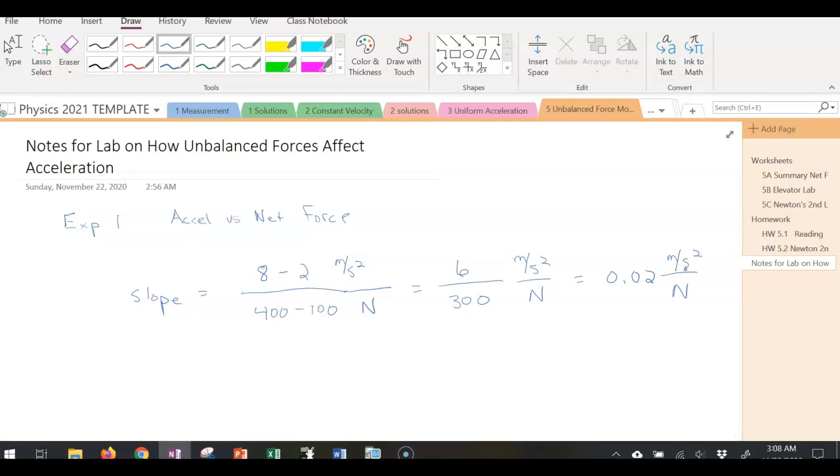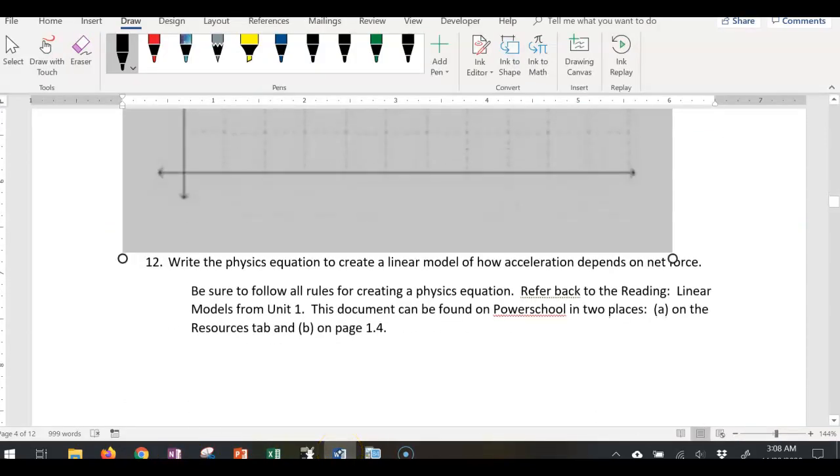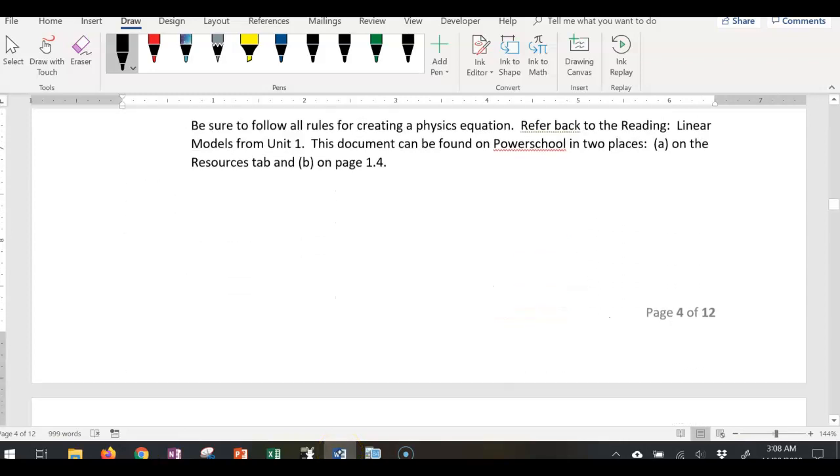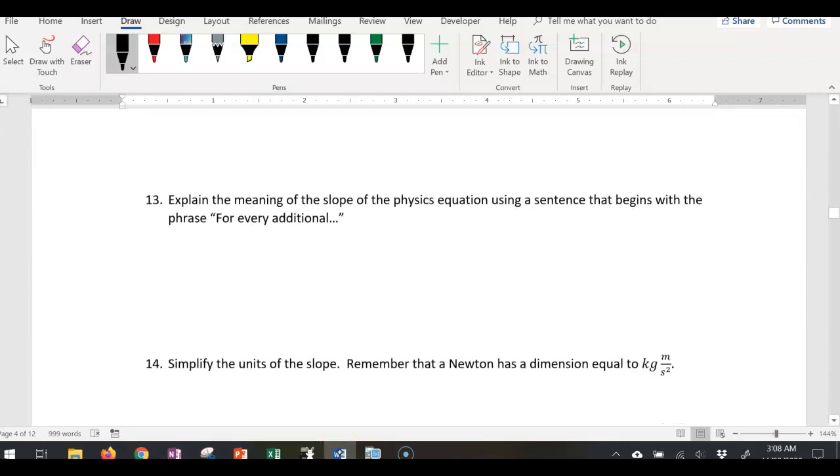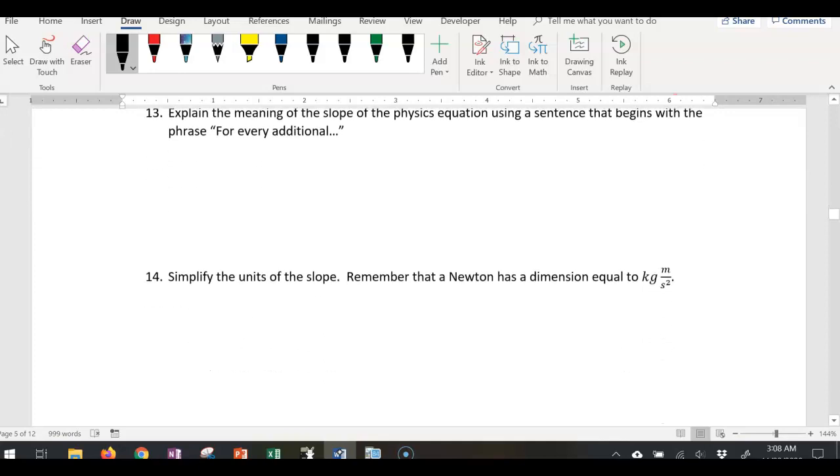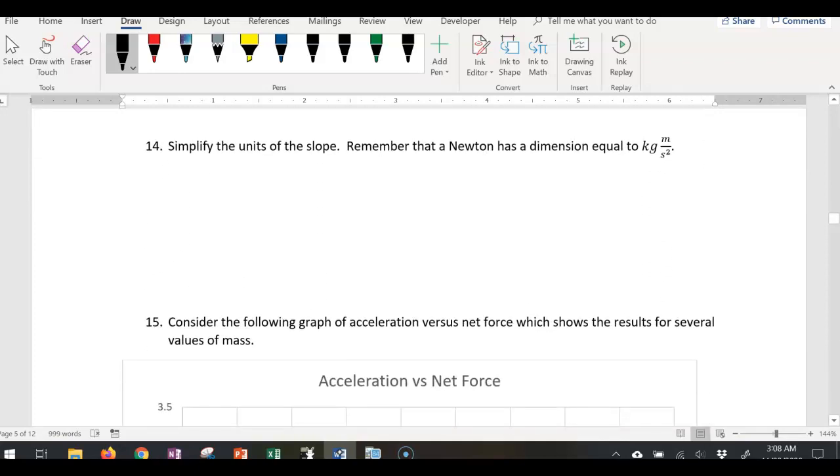Okay, now I'm going to let you do steps 12, where you write a physics equation, and 13, where you explain the meaning of that slope on your own. But I do want to talk about how you would simplify the units of the slope.